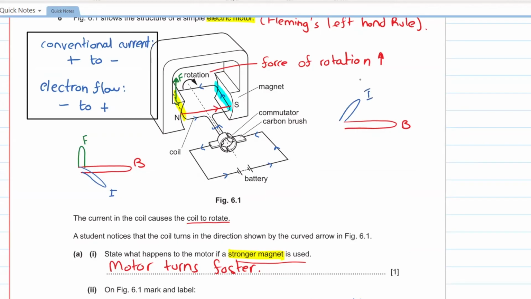Where will your force point? Force will point downward like this. This is your direction of force. Can you see this force and this force are creating a clockwise movement? Hence the coil rotates. Did everyone understand this?